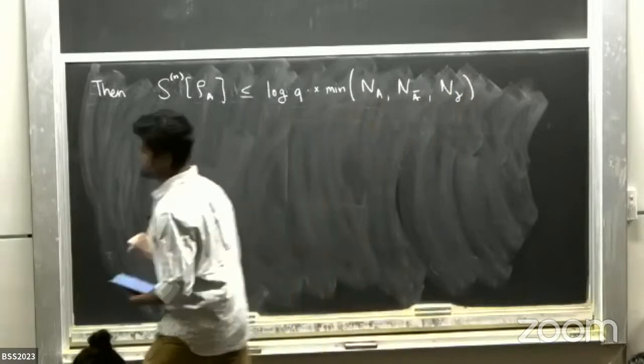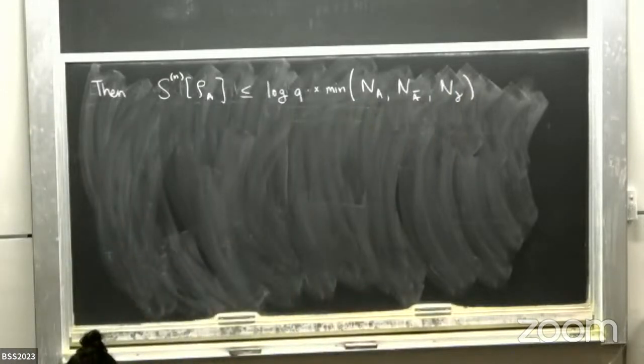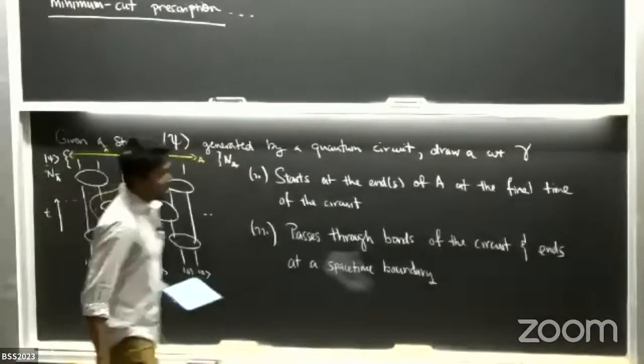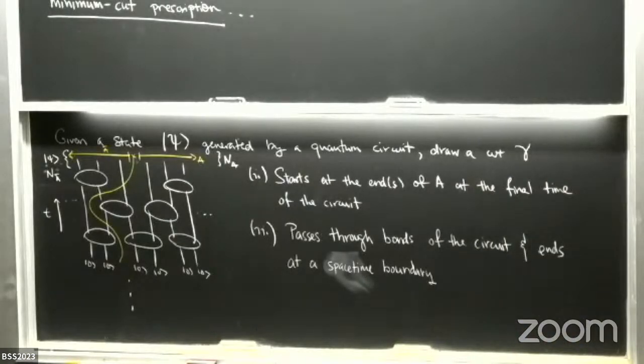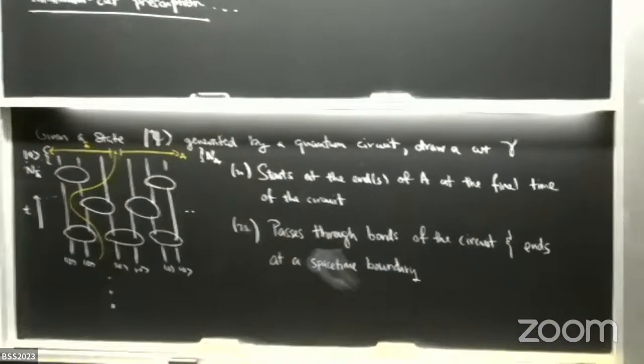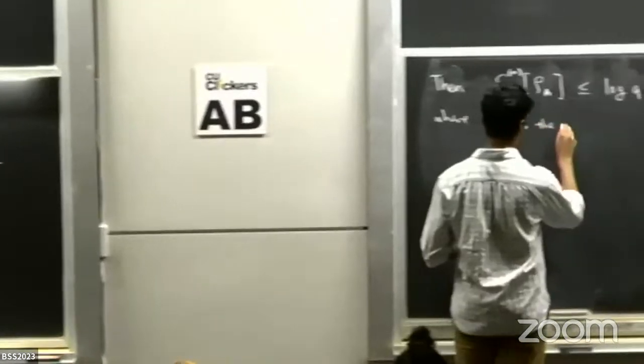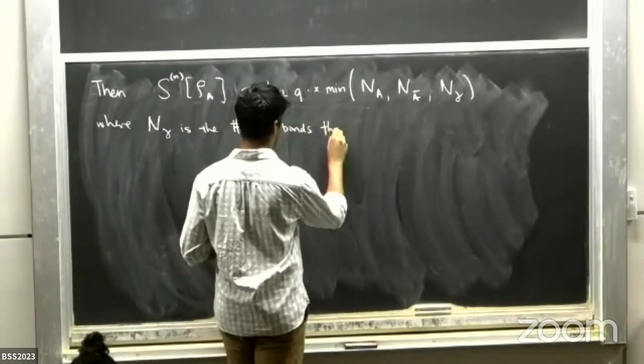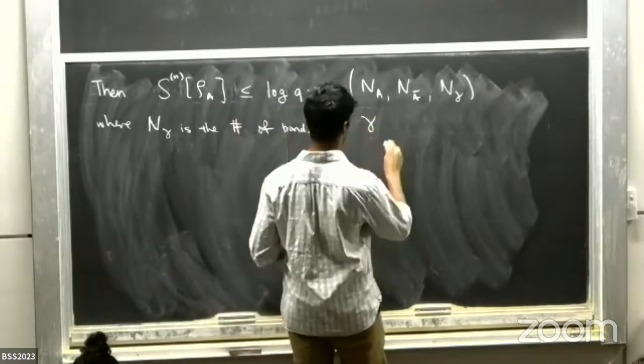So this is the number of sites in A. So there's N_A sites here, N_Ā qubits in Ā, and N_gamma is the number of bonds that this curve gamma intersects.